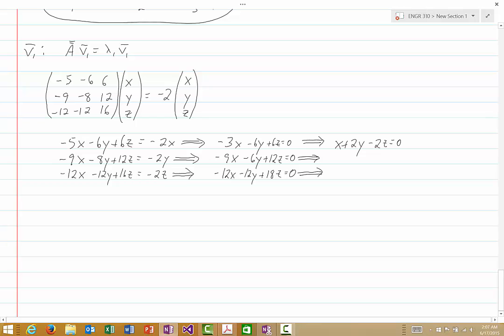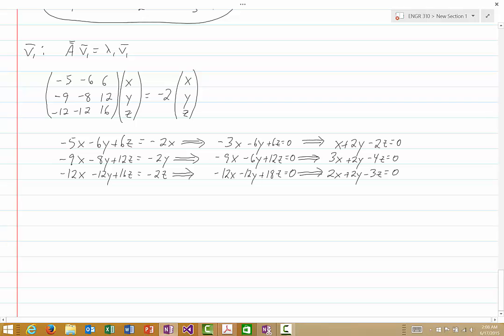I would divide the second equation also by negative 3 to get 3x plus 2y minus 4z equals 0. And then finally divide the last equation by negative 6 to get 2x plus 2y minus 3z equals 0. Those steps were not necessary.